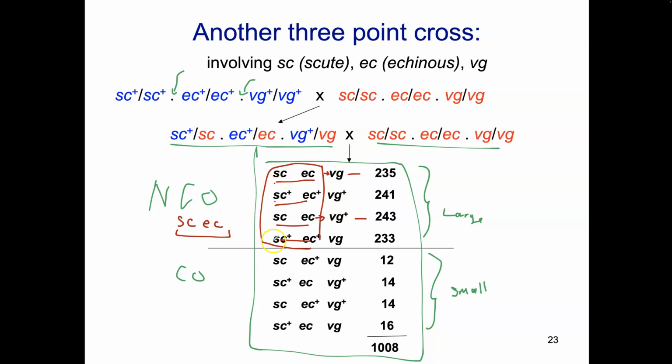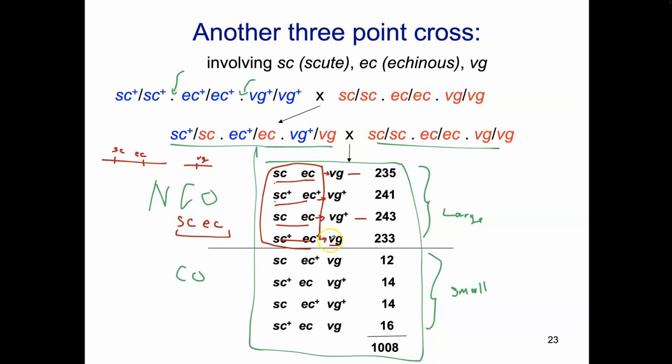And when the 2 wild types are together for scute and echinus, half of them are associated with the mutant vestigial and the other half with the wild type. So by looking at this pattern alone, you can figure out that scute and echinus are together on a chromosome, and that vestigial is on a different chromosome.